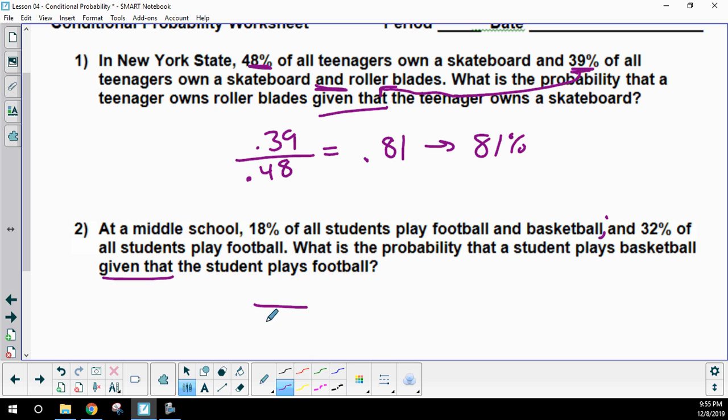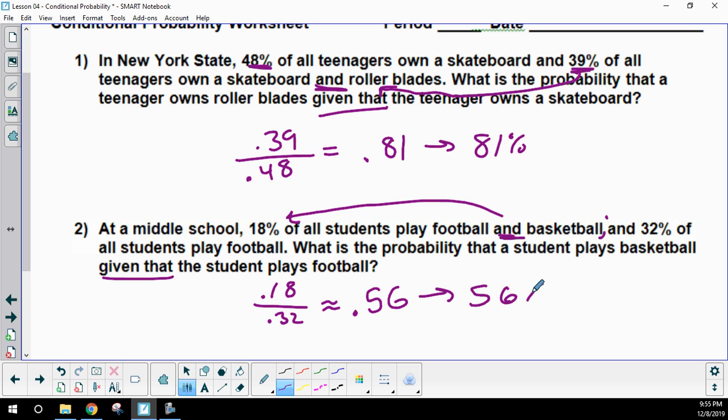And 18%, so 0.18 over 0.32 equals, let's see, going off screen to use Desmos, 0.18 divided by 0.32, enter, I got 0.56. 0.56 could be written as 56%.